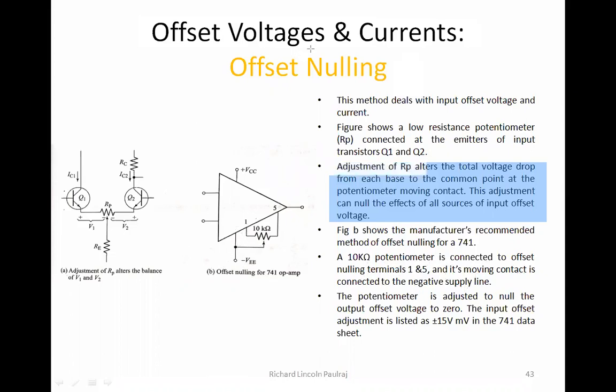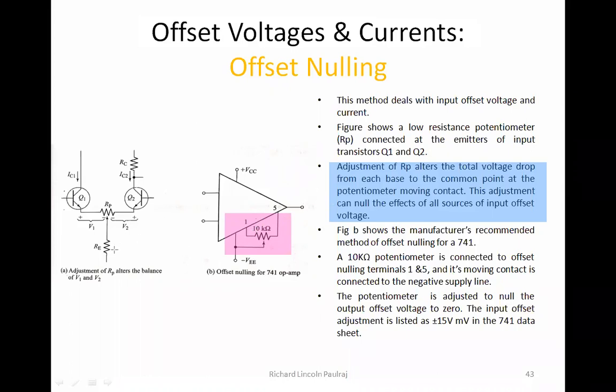So this is a very important piece of hardware, which helps us in nullifying the offsets. The potentiometer is adjusted to null the output offset voltage to 0. So using this, I can actually make my output voltage 0. Isn't that great?